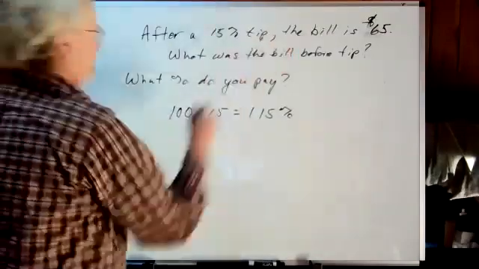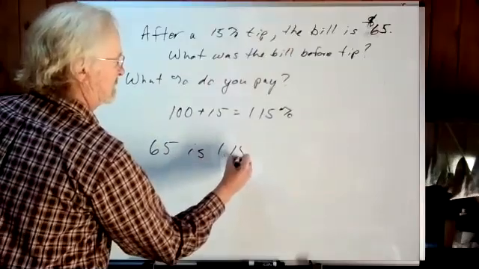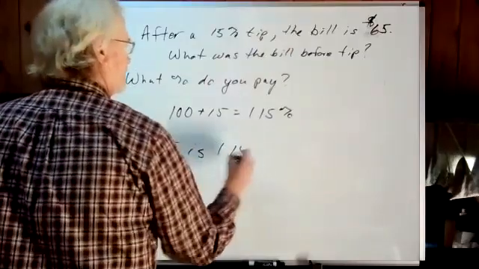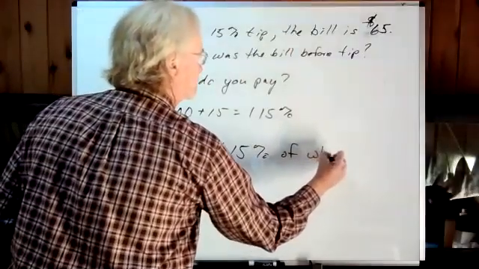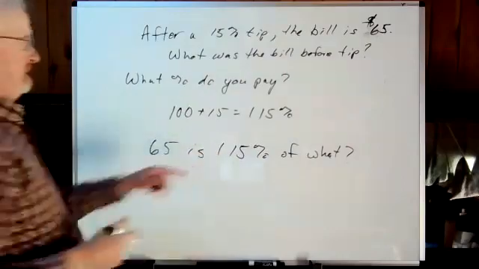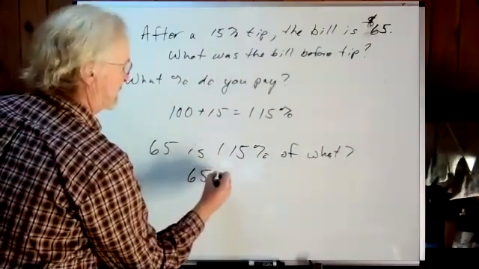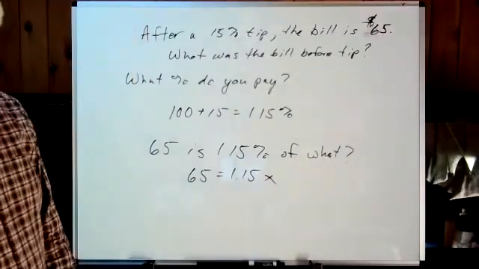So 65 is, well, 115% of what? Convert that to a decimal, right? 65 is 1.15x.